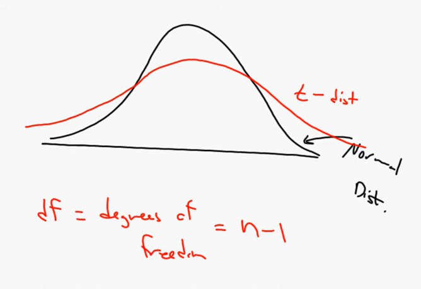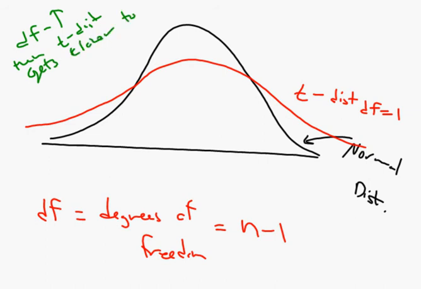Okay? So what you'll notice is in this picture, this red distribution I've drawn is not a very close fit to the normal distribution. The reason is because the degrees of freedom here are low. It's probably degrees of freedom 1 or 2. But as the degrees of freedom increases, as df goes up, then the T distribution gets closer to the normal distribution.